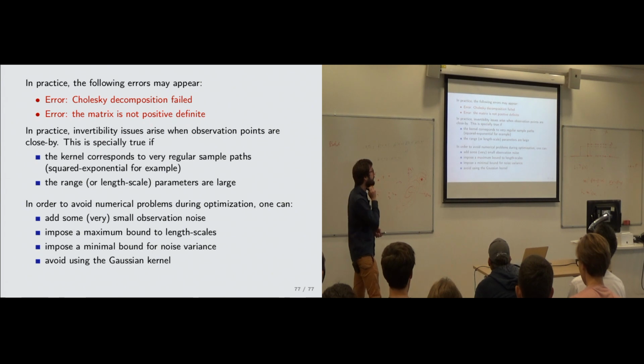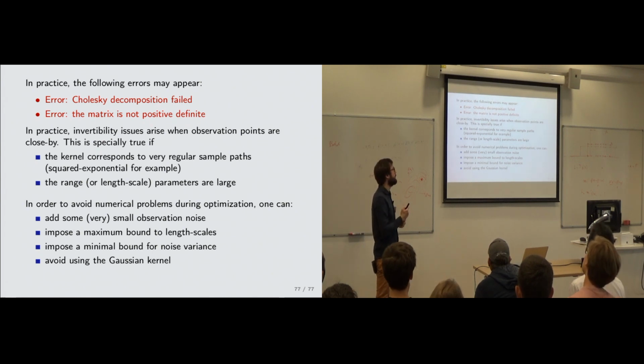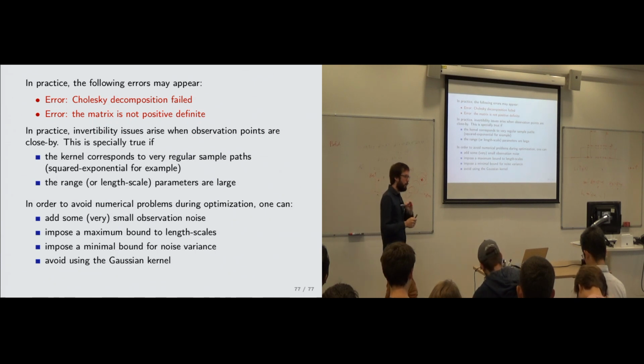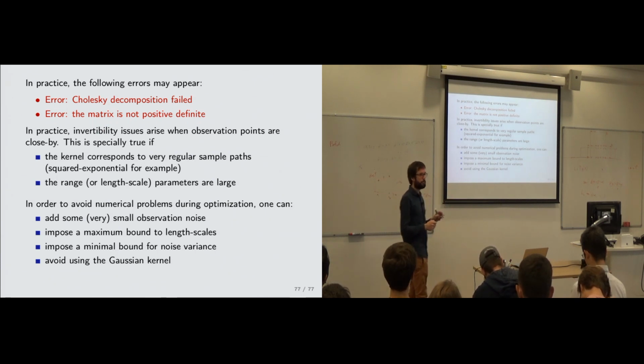And in practice, you may get errors like the Cholesky decomposition failed or the matrix is not positive definite. That typically comes from points that are too close to one another, either because the length scales are very large, or you're having a GP with a lot of smoothness in it.